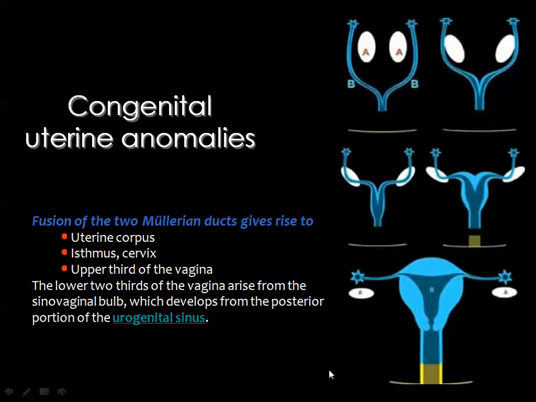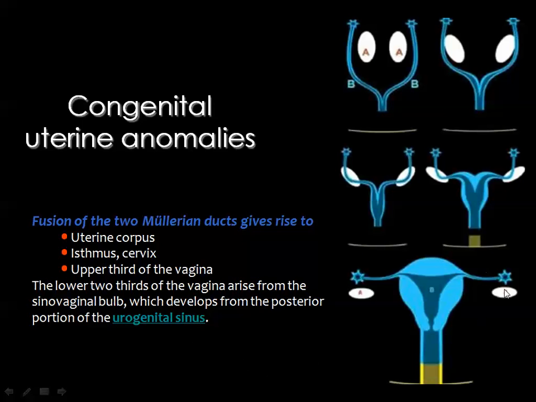Then you know that the uterine corpus, the isthmus, the cervix, and the upper two-thirds of the vagina are derived from the Mullerian ducts, while the lower third of the vagina is derived from a separate structure, which is the urogenital sinus.